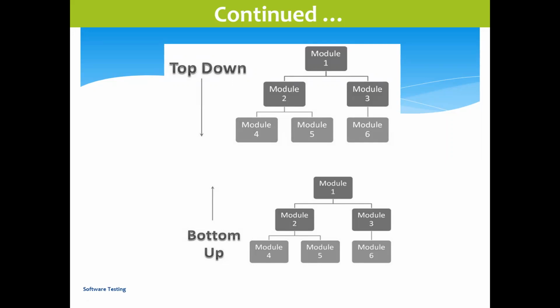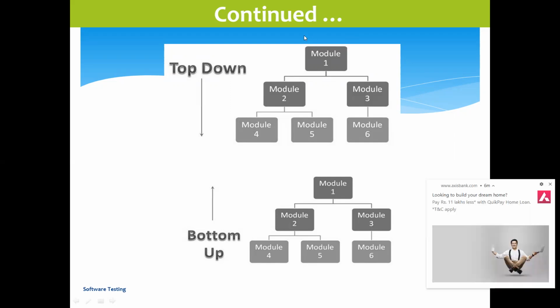Okay, so whenever the connection is there and one part is not developed, suppose. Module 1 is separate, module 3 is separate, and some connection is there between these two.